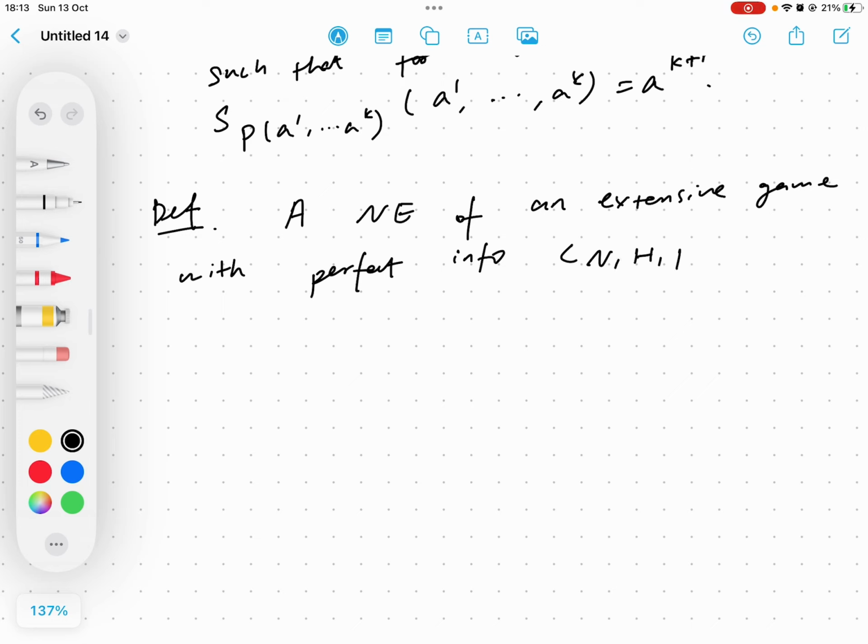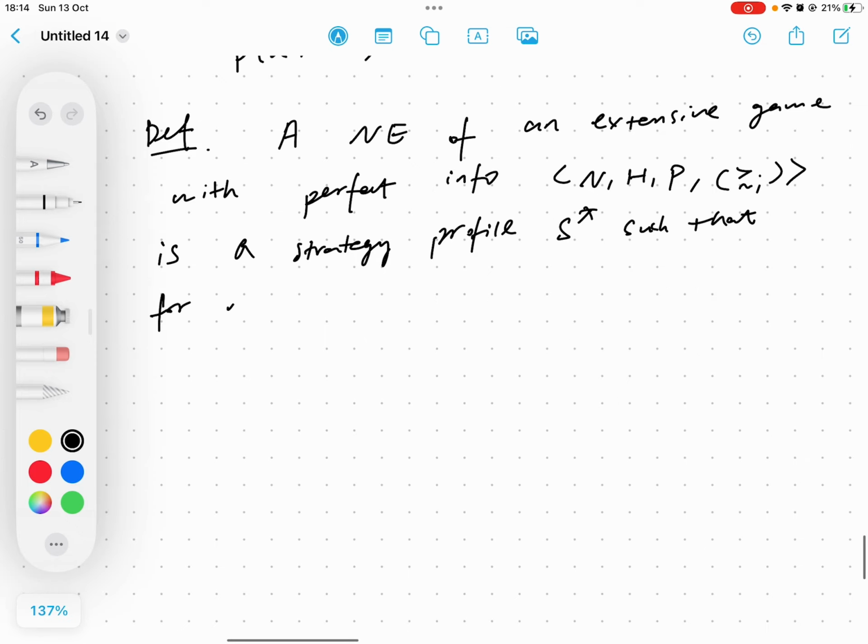So an equilibrium is just a strategy profile S star such that for every player i, we have the outcome of the strategy profile for the other players, and we're pretty familiar with the notations for those, right?